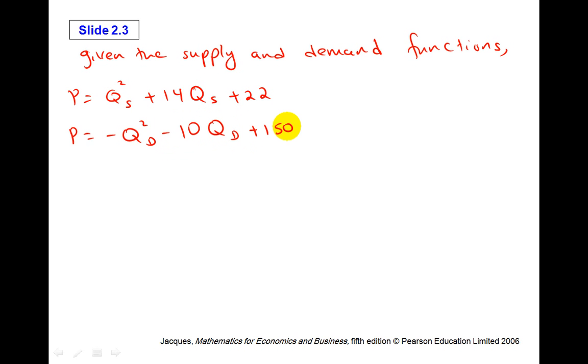The first one is talking about the supply function. Q_S means supply. So the first function is the supply function, which is P equals Q squared plus 14Q plus 22.